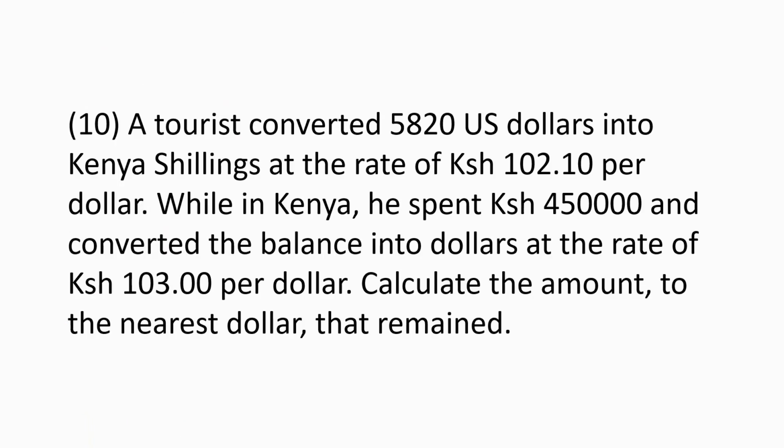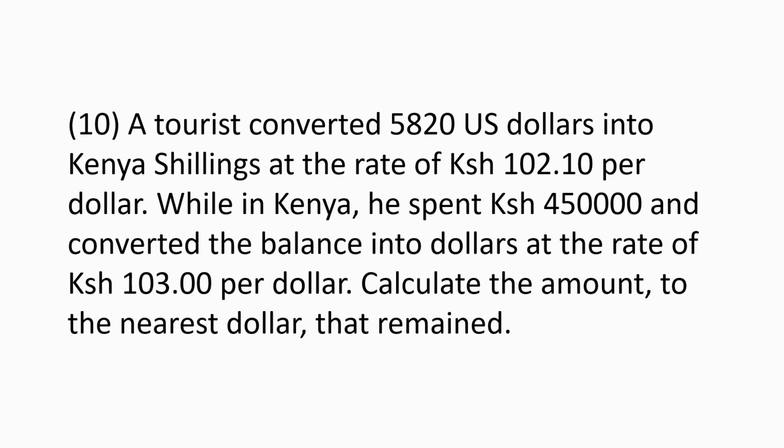Question 10. A tourist converted 5,820 US dollars into Kenya shillings at the rate of 102.10 per dollar. While in Kenya, he spent 450 Kenya shillings and converted the balance into dollars at the rate of 103.00 Kenya shillings per dollar. Calculate the amount to the nearest dollar that remained.